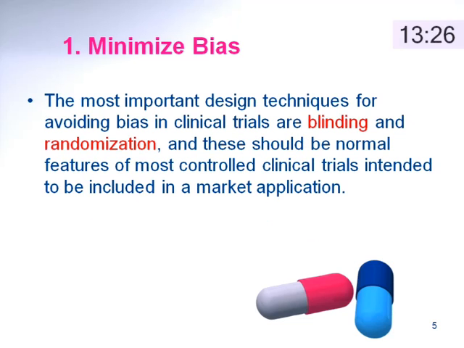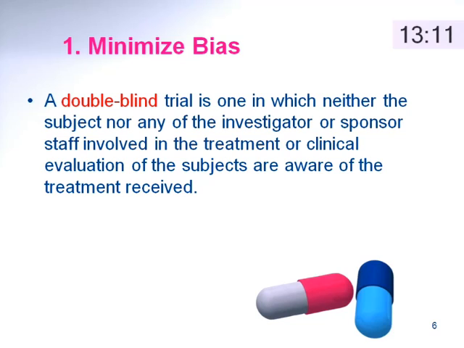The most important design techniques for avoiding bias in clinical trials are blinding and randomization, and these should be the normal features of most controlled clinical trials. A double-blind trial is one in which neither the subject nor any of the investigator or sponsor staff involved in the treatment or clinical evaluation of subjects are aware of the treatment received.